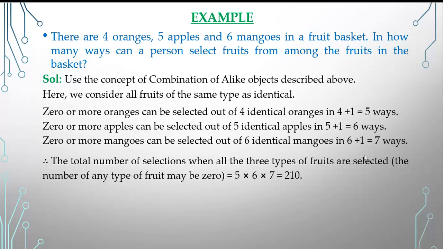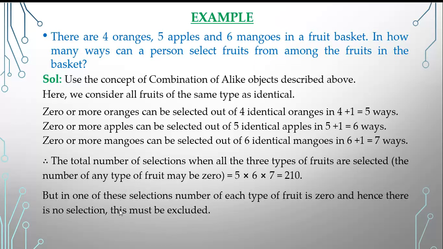So the total is 5 multiplied by 6 multiplied by 7, which gives 210 ways of selecting from all three types of fruits. But one of these selections has the number of each type of fruit equal to 0, meaning there is no selection, and this must be excluded.